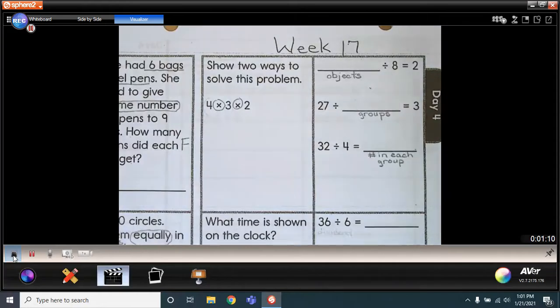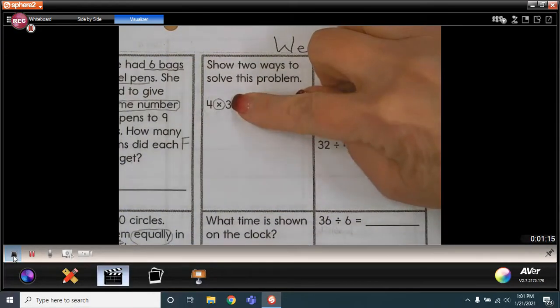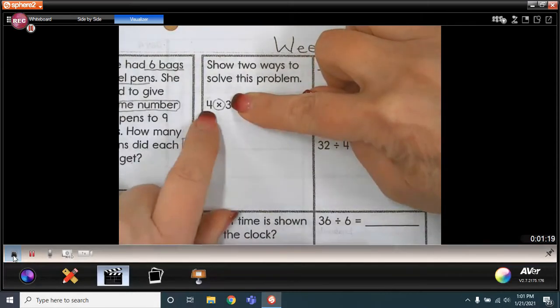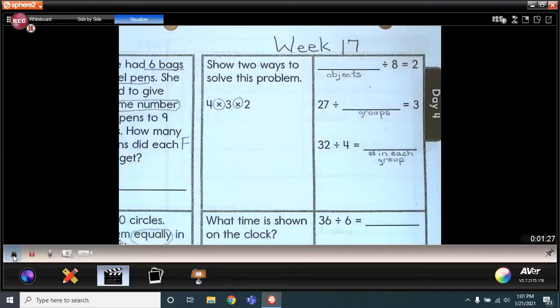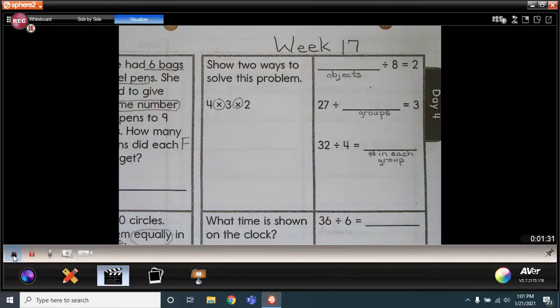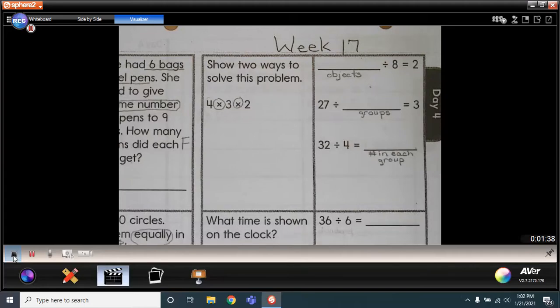So I'm going to get started with showing you 4 times 3. If we look at 4 times 3, this tells us we have 4 rows and 3 objects in each row. Let's try using our understanding of area, the number of square units it takes to cover an area.